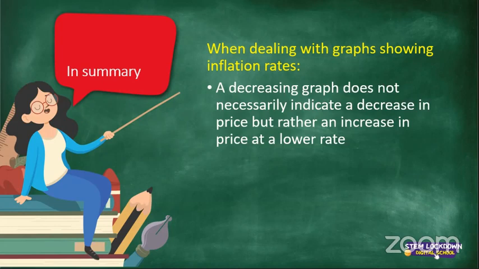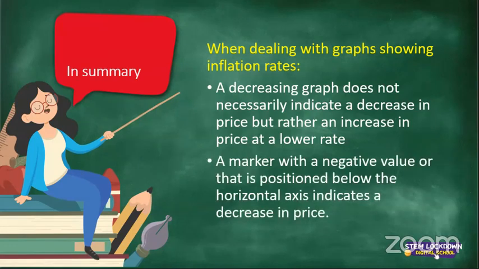So that's what you need to remember when you're comparing these graphs and reading them. Then the most important point we just touched on: a marker with a negative value, or that is positioned below the horizontal axis, indicates a decrease in price.